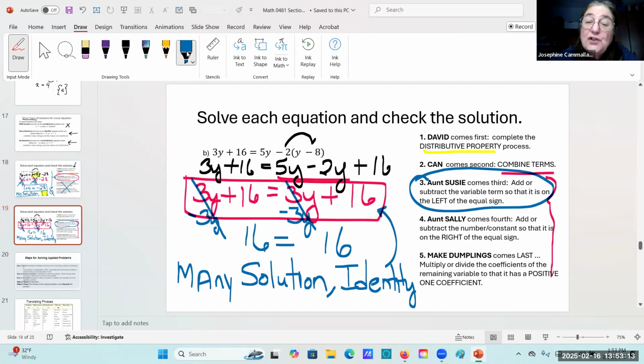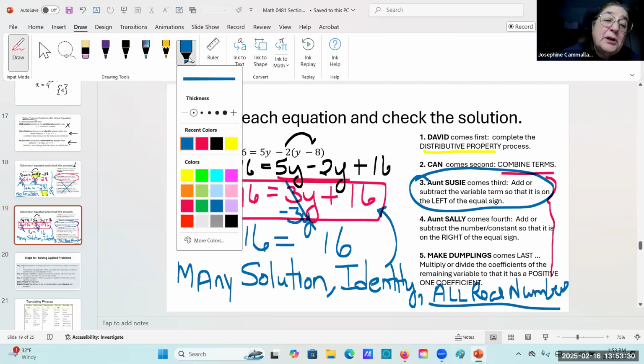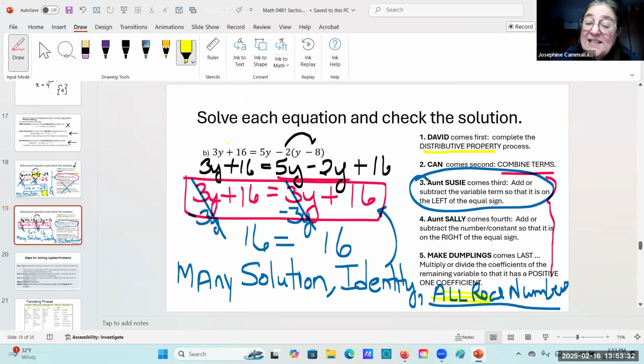Now, I will also let you know that McGraw-Hill likes the answer all real numbers. This is your McGraw-Hill or Alex answer, all real numbers.